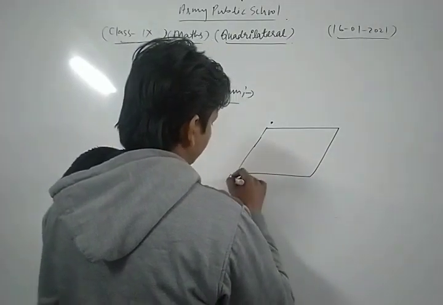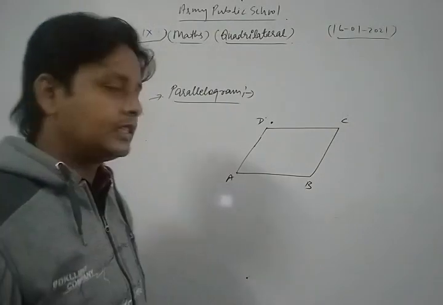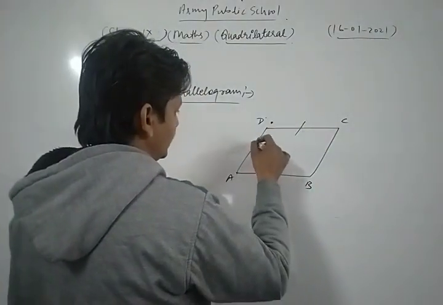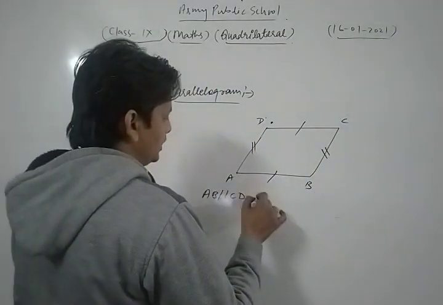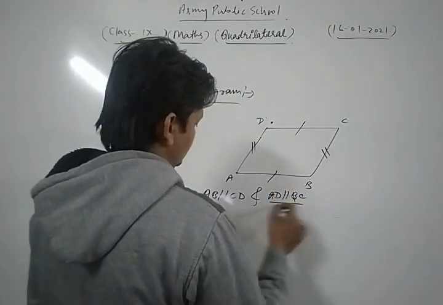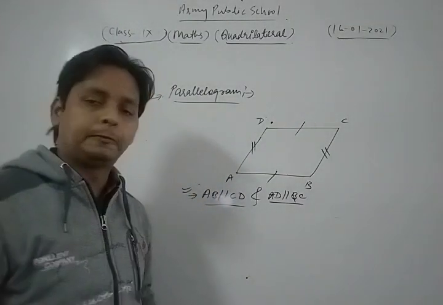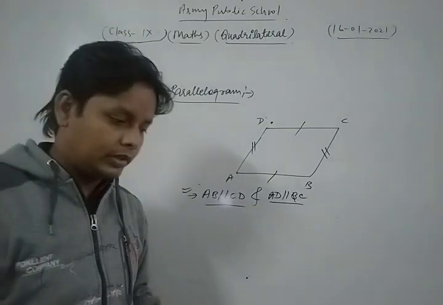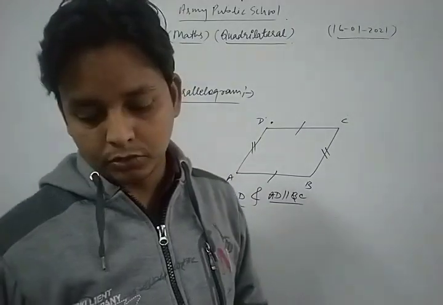ABCD is a parallelogram in which AB is parallel to CD and AD is parallel to BC. So, dear friends, a parallelogram is a quadrilateral in which both pairs of opposite sides are parallel to each other.